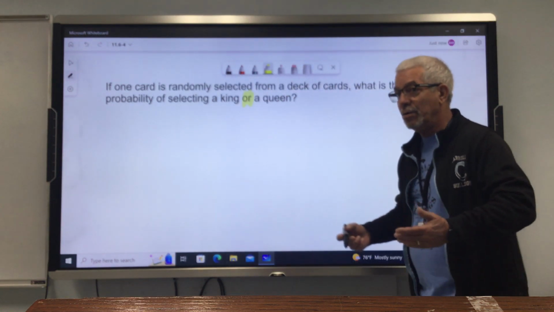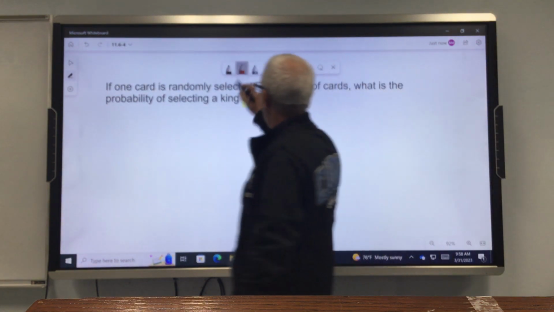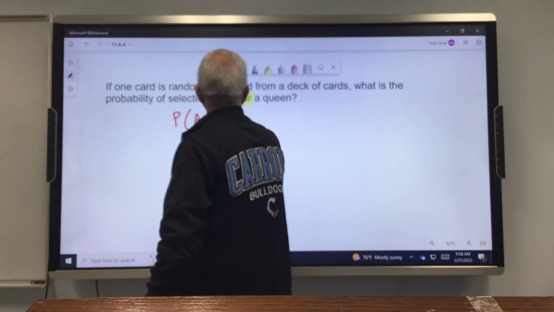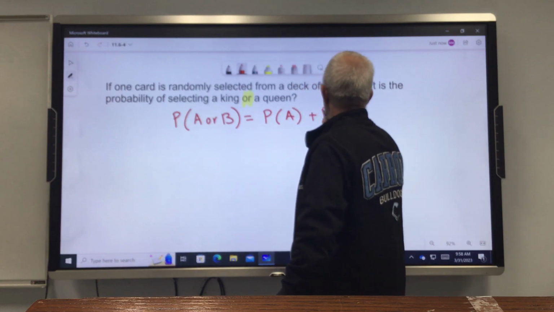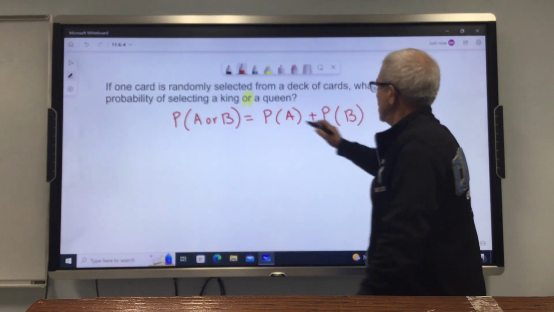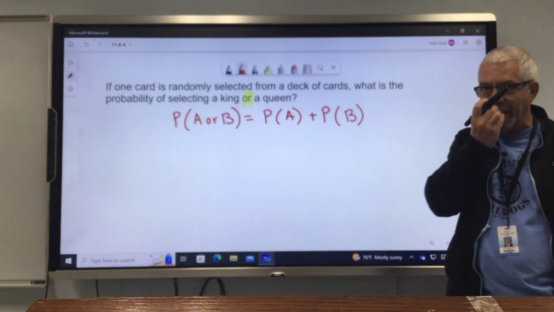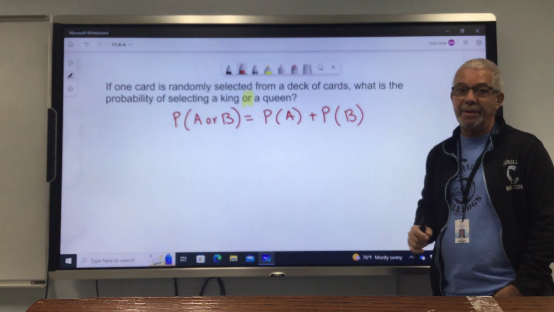If it's "or", then we need to use that formula. You need to use the formula P(A or B) equals P(A) plus P(B). Because it's "or", I use that formula. P(A) plus P(B). All right? The probability that A happens plus the probability that B happens.